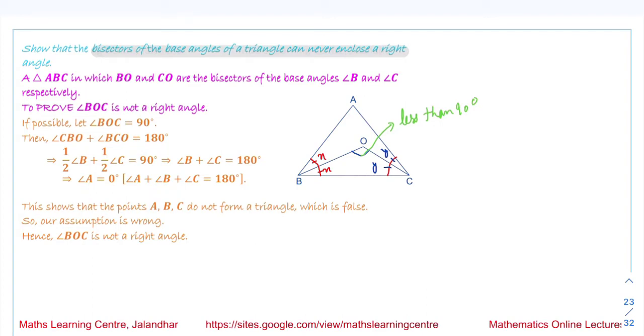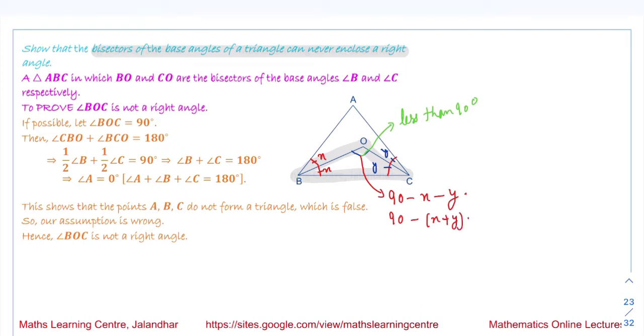Now from the triangle OBC, the value of the angle O will be 90 minus x minus y. Now we are saying it is 90 minus x plus y.